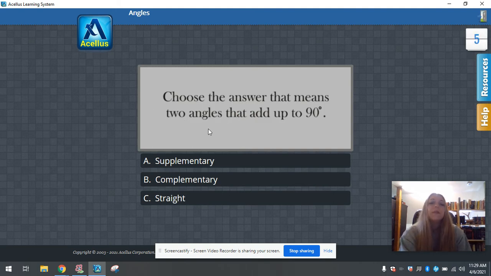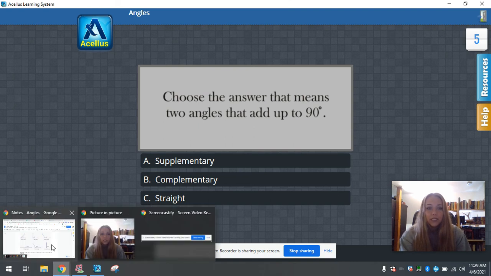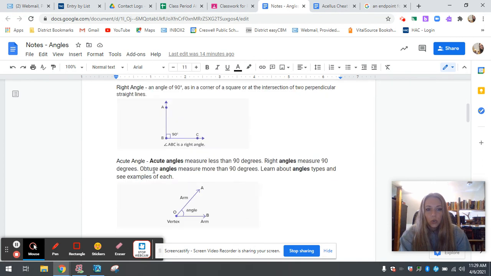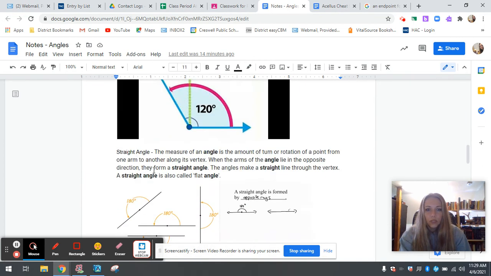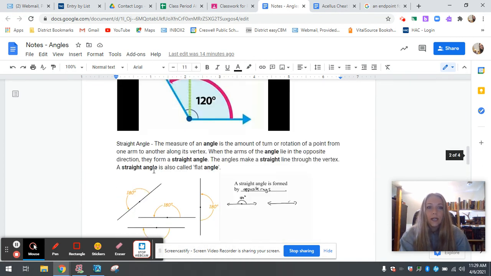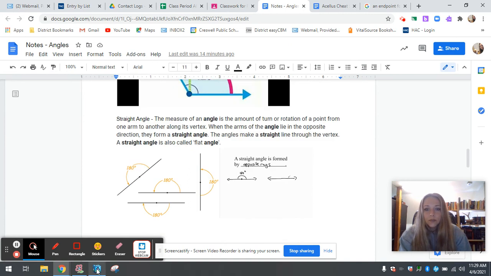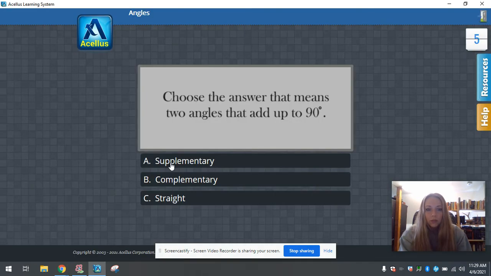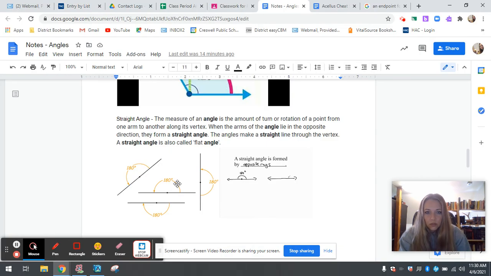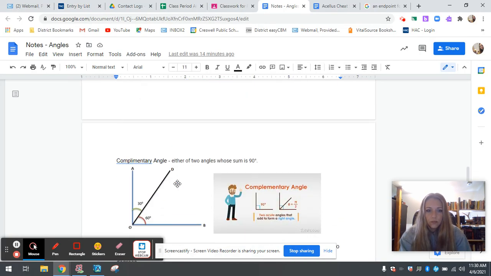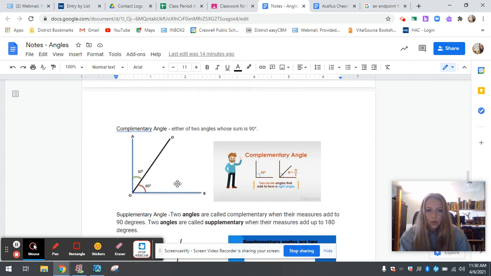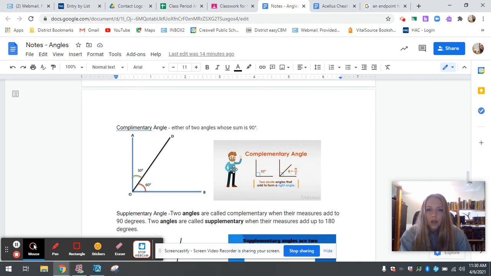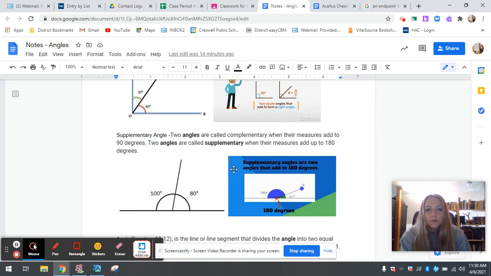Choose the answer that means two angles that add up to 90 degrees. So you can just Google that, two angles that add up to 90 degrees. It's going to be supplementary, complementary, or straight. A complementary is two that add up to 90.